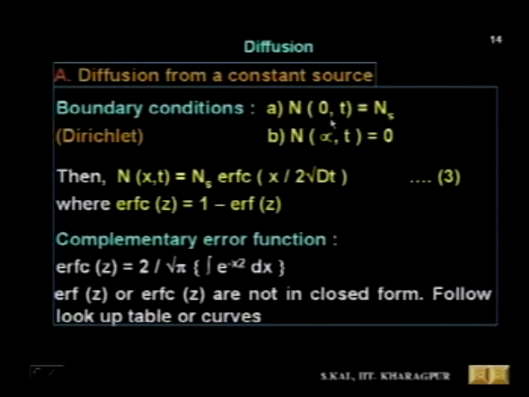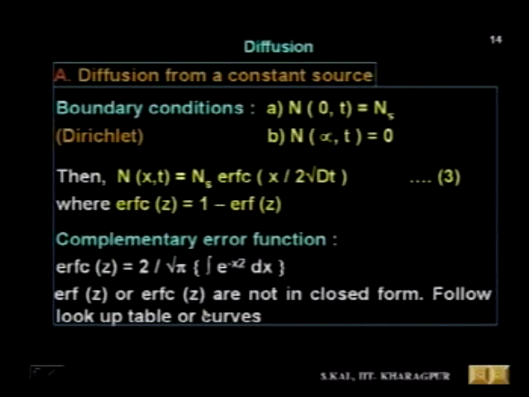If you apply these two conditions to Fick's second law and solve that equation, you will have the doping concentration N(x,t) given by Ns erfc(x by 2 root Dt). That is the solution.